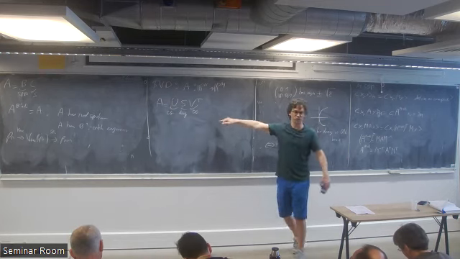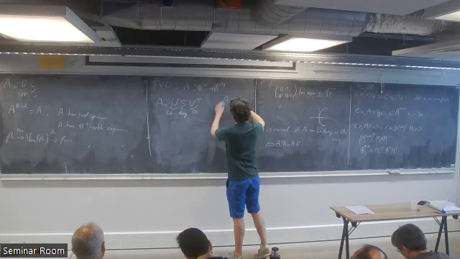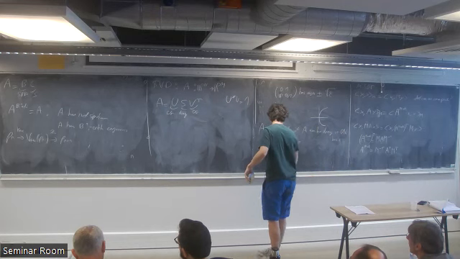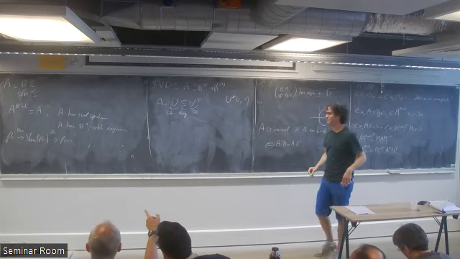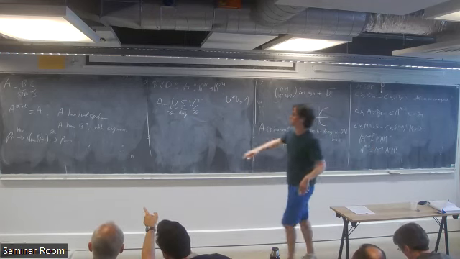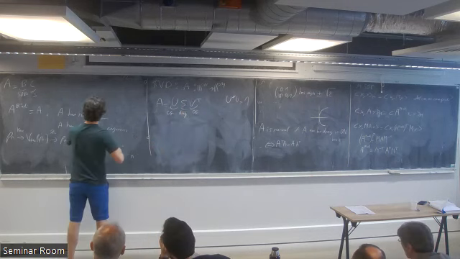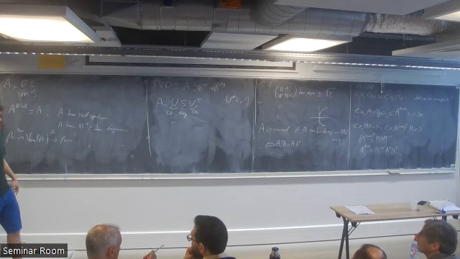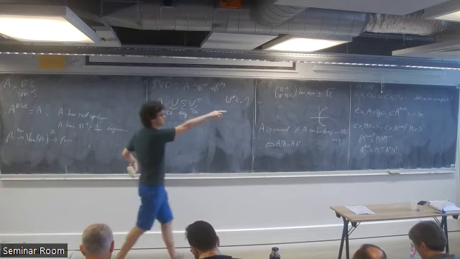You know what an orthogonal matrix is? It means that U star U is equal to 1. They are orthogonal in this particular sense.